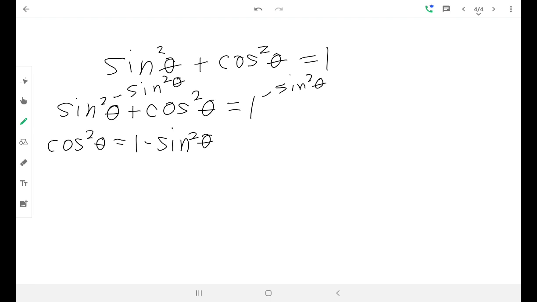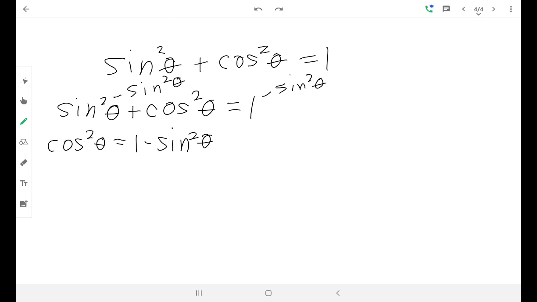So then, anywhere where I see a cosine squared theta, I could substitute in a 1 minus sine squared theta. And anywhere where I see a 1 minus sine squared theta, I could substitute in a cosine squared theta.